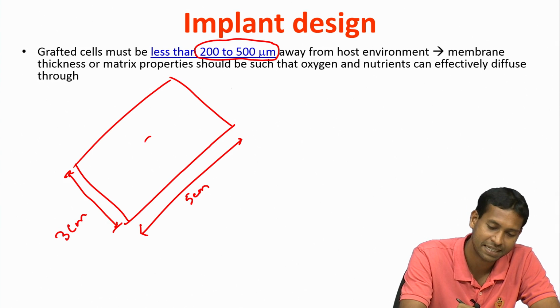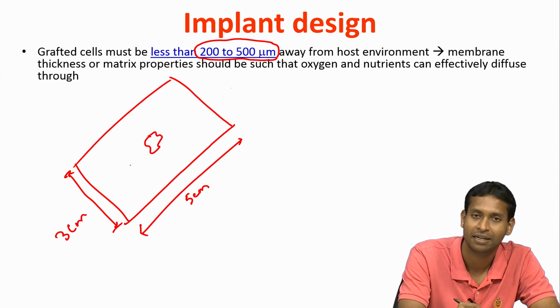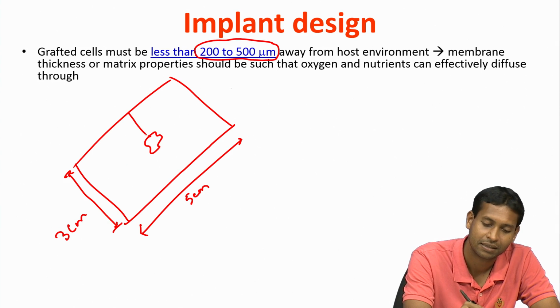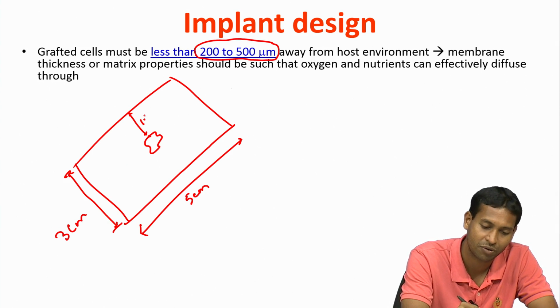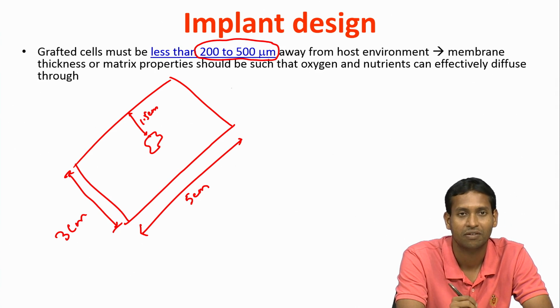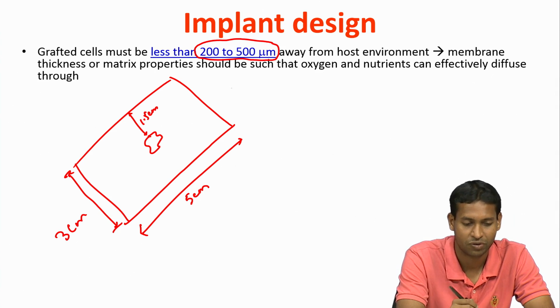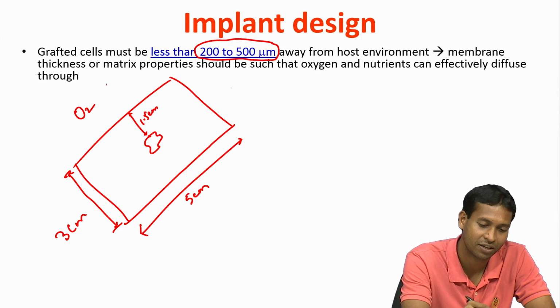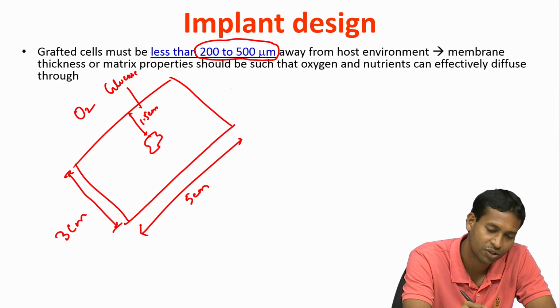Then what will happen? The cell that is residing here is, at the very minimum, about 1.5 centimeter away from this edge. So, now the oxygen or the glucose that is here not only has to diffuse through this semi-permeable membrane, but also has to find its way all the way to the cell.